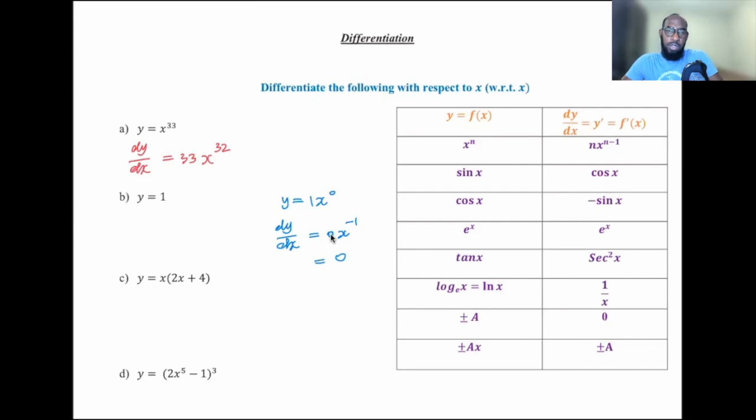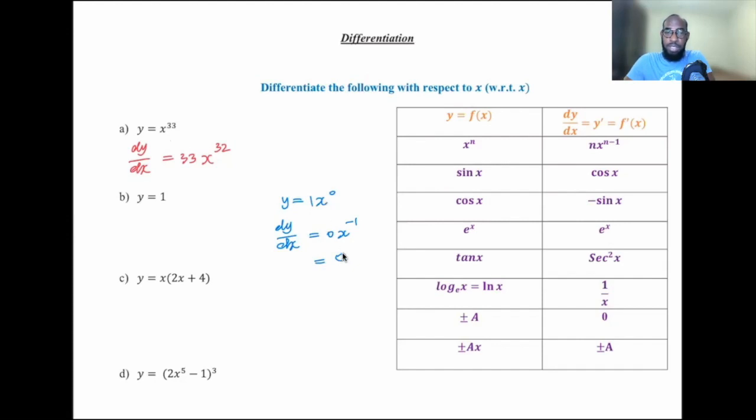Usually I tell students, when you're differentiating a constant, the answer is 0. Why? Because when you differentiate a constant with respect to x, it could be with respect to v or t, but in this question it's x, whatever variable it is, that variable will be raised to the power 0.